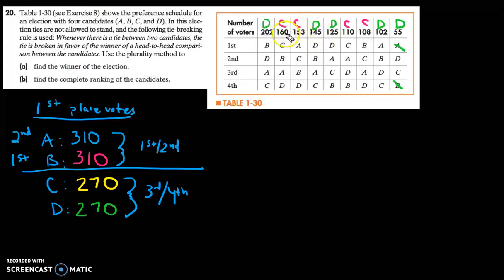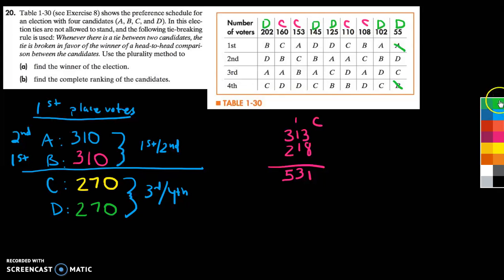So let's say if I add up the C, this is 213, 313. And this is 218. So it looks like they had 531 in the head-to-head matchup.